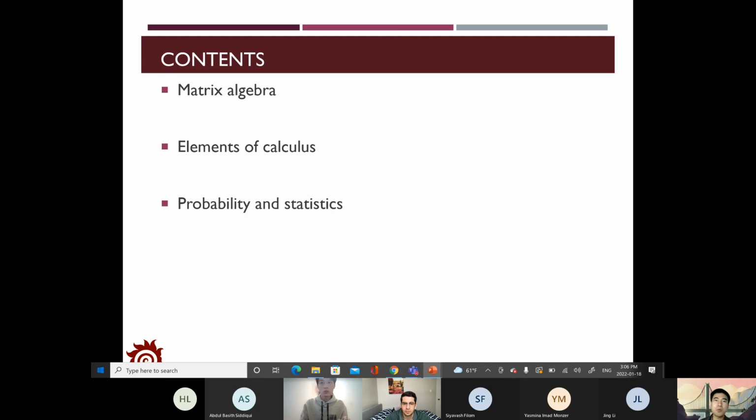For our first homework assignment, I also designed some questions related to the math, to the topics covered in this lecture, and you can try to work on those questions. For some questions, you will be able to find similar examples in the reading materials. Okay, with that, I will start with the introduction to matrix algebra.